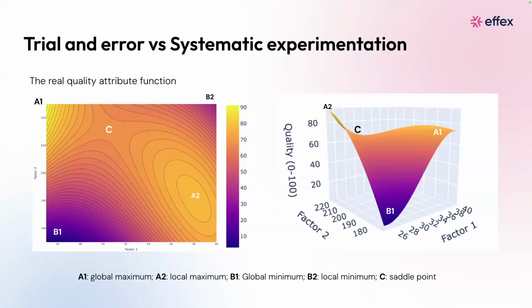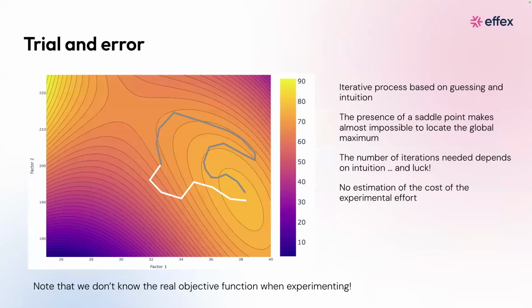Okay, let's go to trial and error. What happens there? So trial and error is an iterative process based on guessing and intuition. How does it work? So normally you start an optimization experiment at the center of the range, and then you test there, see which quality attribute you get, and then following your intuition, guessing, and know-how, move to the next point.